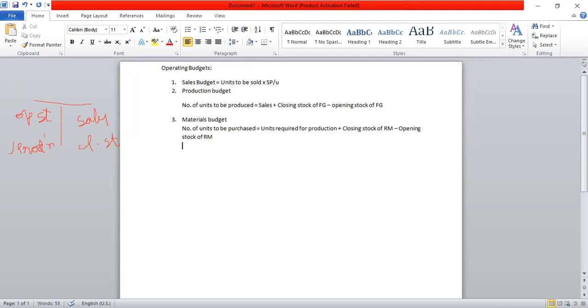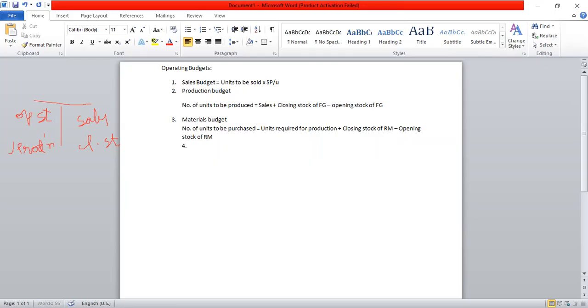So that's the equation. Then what is the cost? Find out the number of units of material and multiply it by the cost per unit of those materials. So we understand the cost of materials purchased.